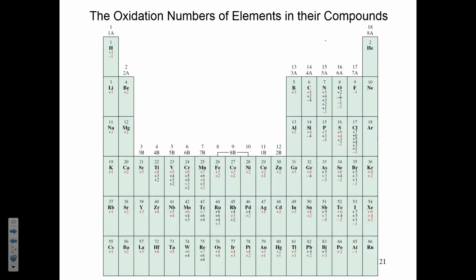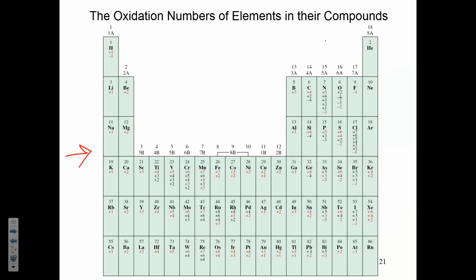Then we also have a way we can check ourselves. Unfortunately, sometimes our checks don't make it as easy as we want. But this is the chart, located in your book, of all the oxidation numbers of all elements. You can see some elements, like these over here, let me draw an arrow, have 1 oxidation number, so you cannot go wrong with that oxidation number.